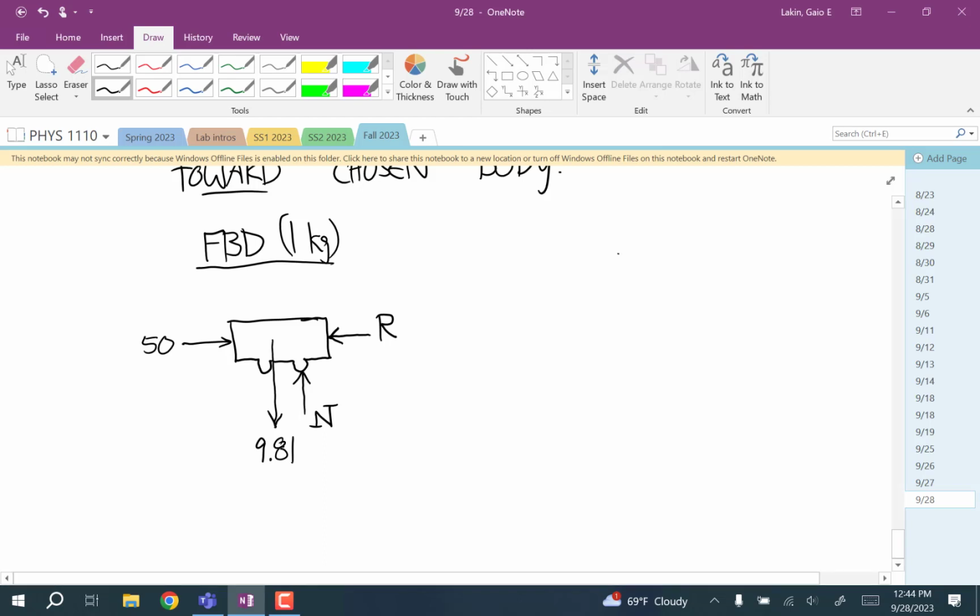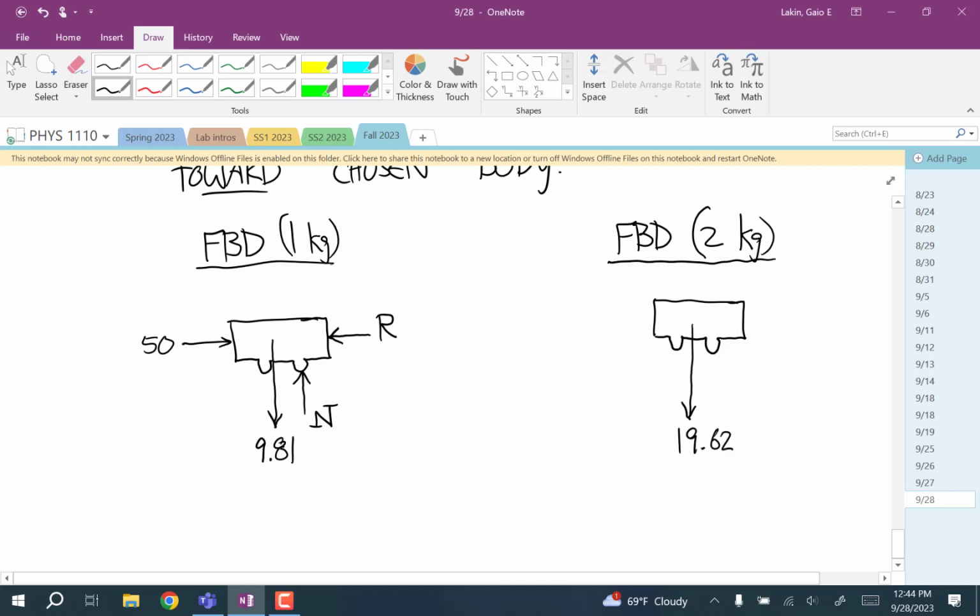And now we'll go to a free body diagram of the 2 kilogram cart. So here's the outline. There's a weight force down that's equal to 2 times 9.81, so 19.62 newtons.